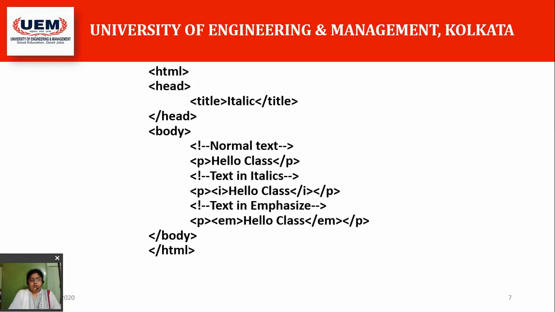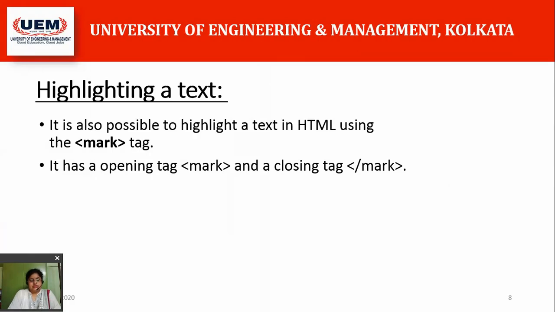Now the next option is highlighting a text. I will conclude this lecture with highlighting a text. Like in Microsoft Word, HTML lets you highlight a text with the mark tag. It has the opening tag mark and closing tag /mark, and it is a semantic tag.